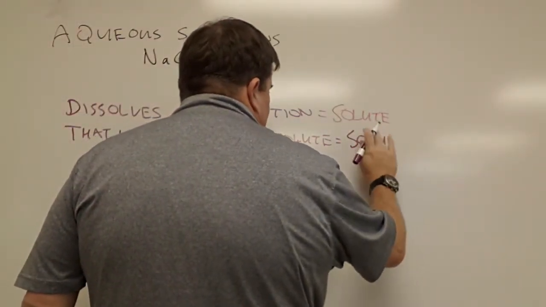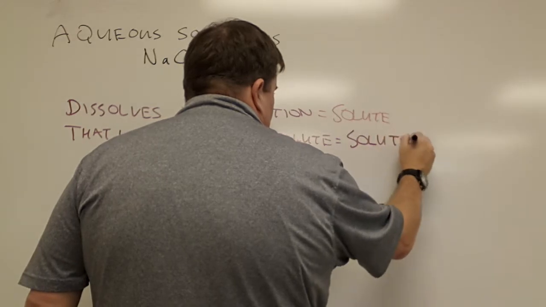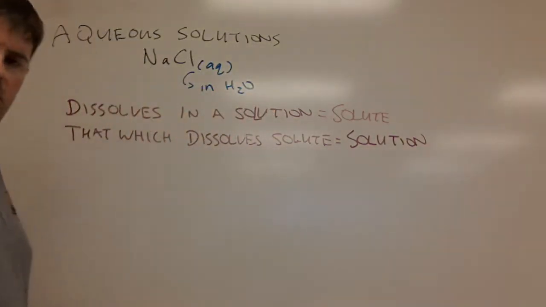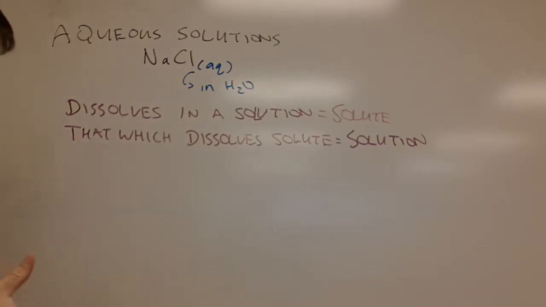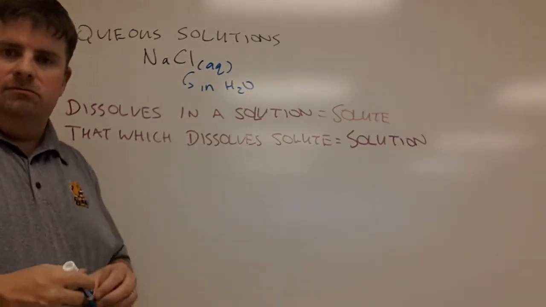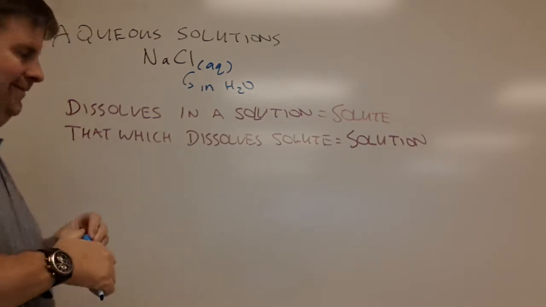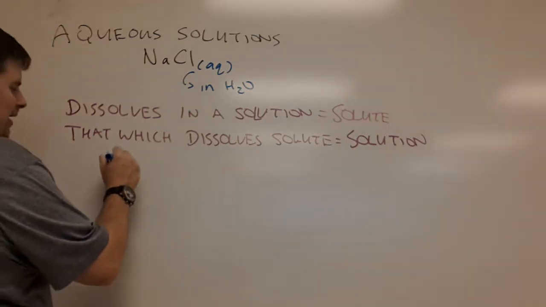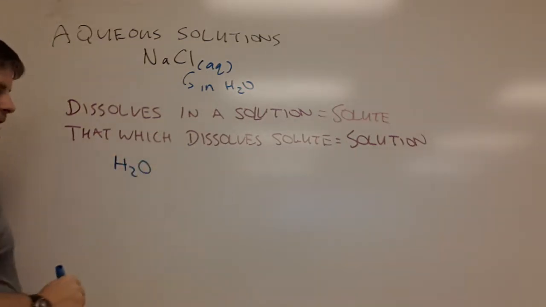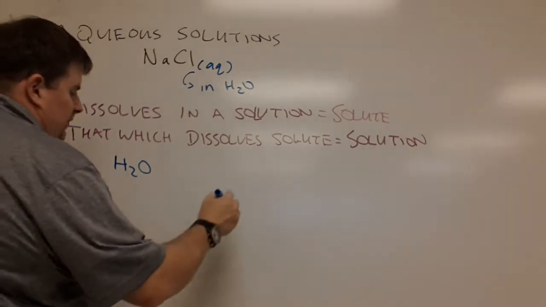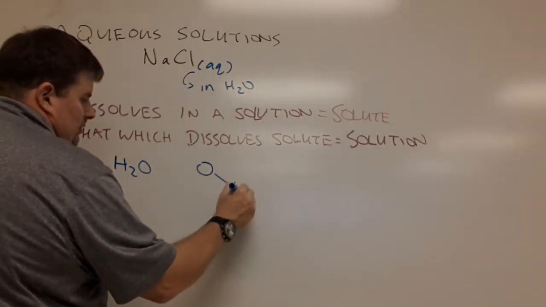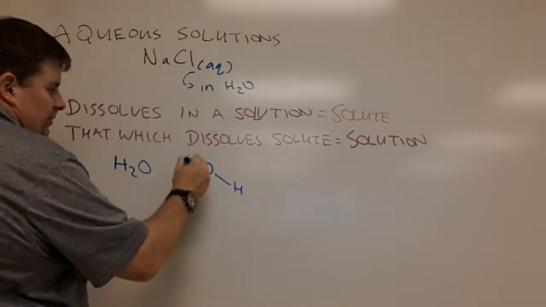So for right now, I'm just going to talk about this in terms of water. All right? And to do that, I have to first talk about water itself. Now, water is a special little molecule. H2O, as we've seen in our VSEPR videos, is a bent shape.